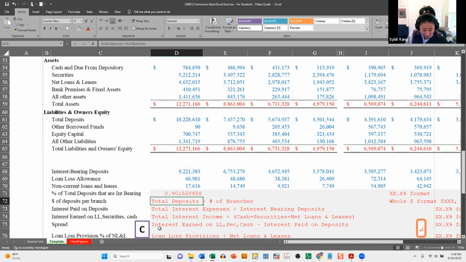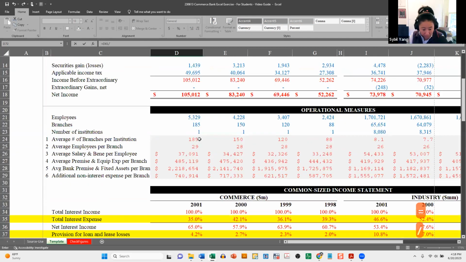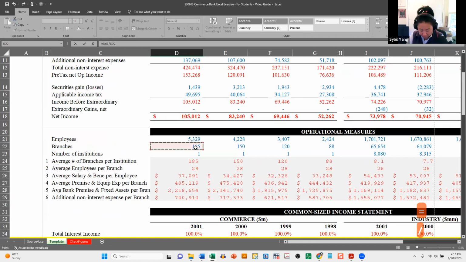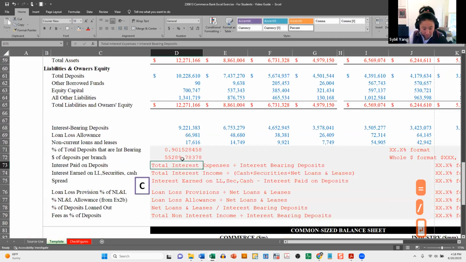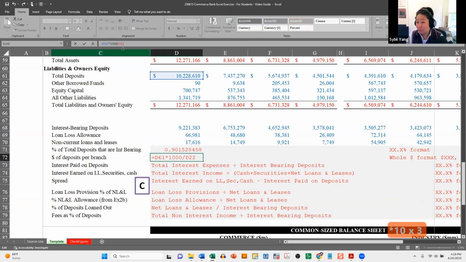Okay. Total deposits, dollars of deposits per branch. So total deposits divided by, we had number of branches up here. Oh, and the reason why I went in, I was like, oh, whoops, right?